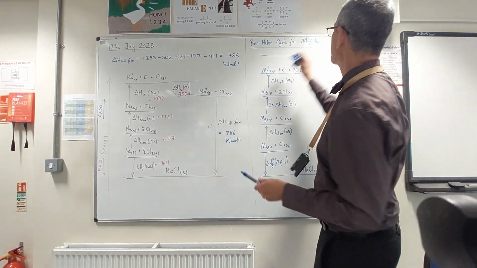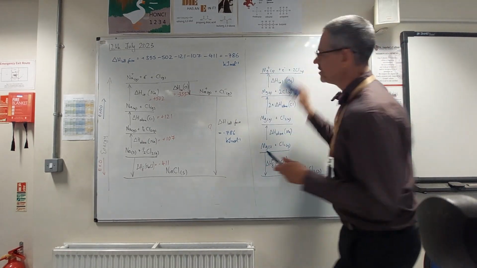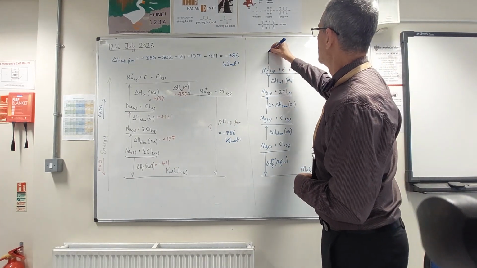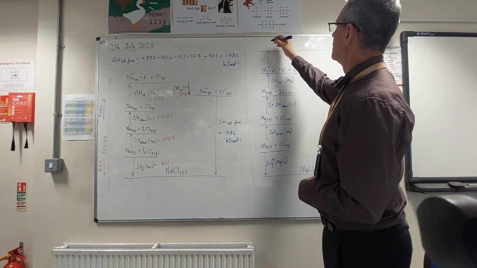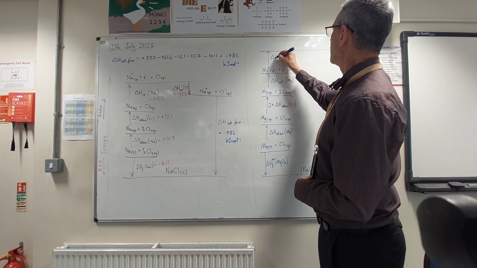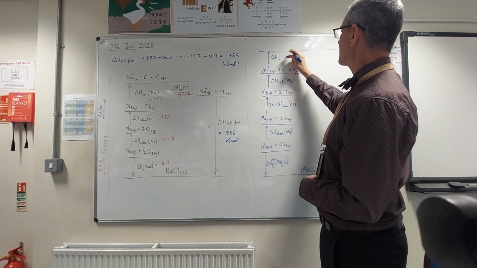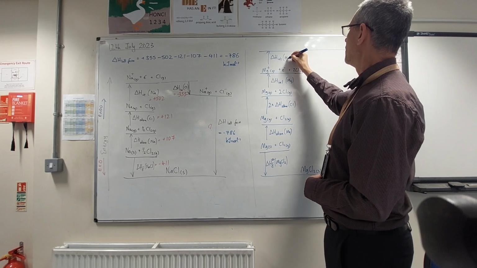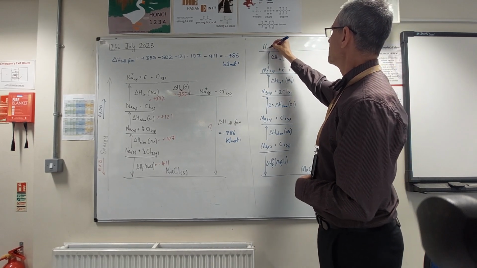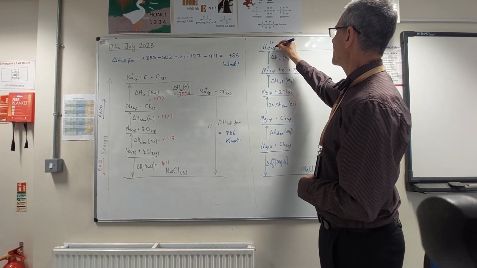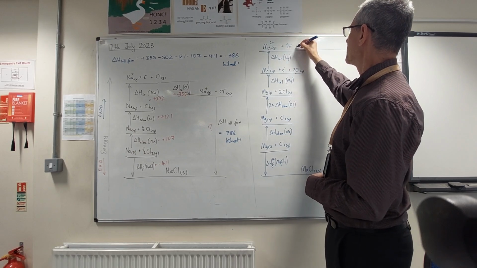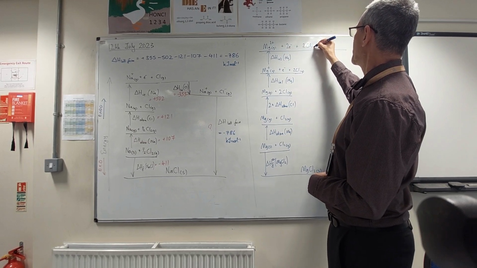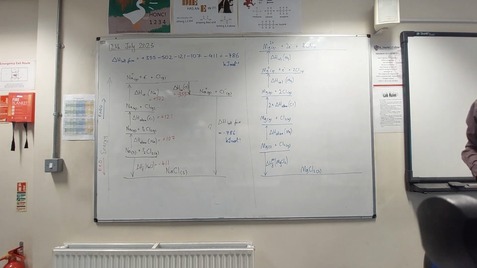Maybe I'll rub out the title, give myself a bit more headroom. The second ionization enthalpy of magnesium would give me Mg2+ gas state, 2 electrons and 2 chlorine gas.